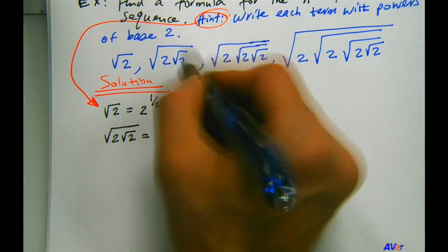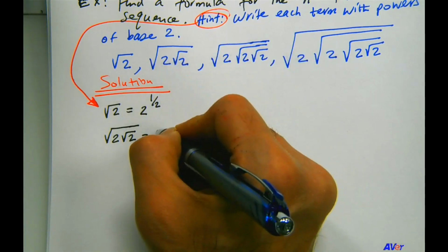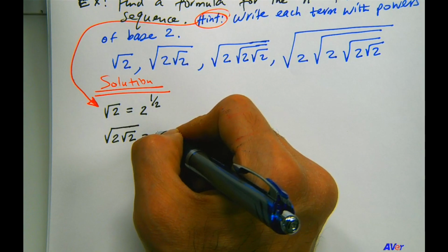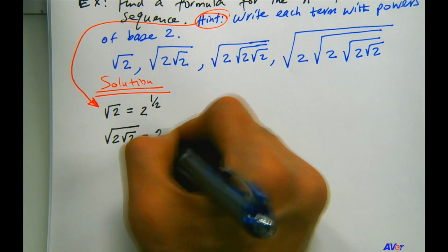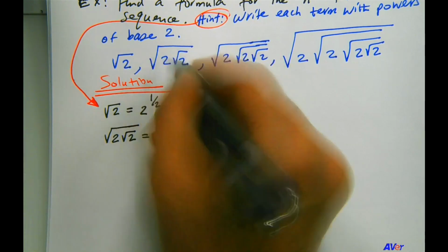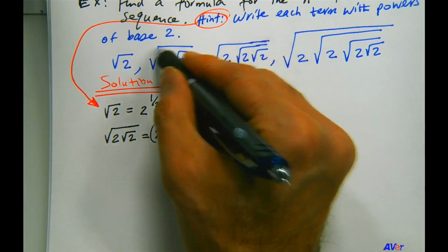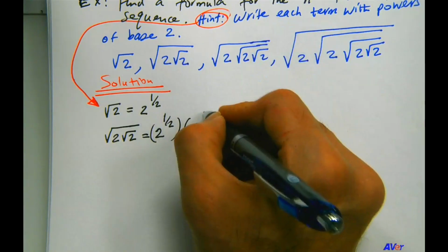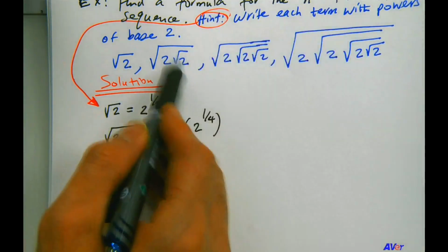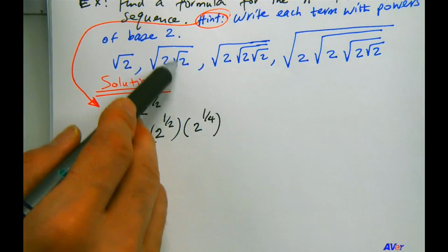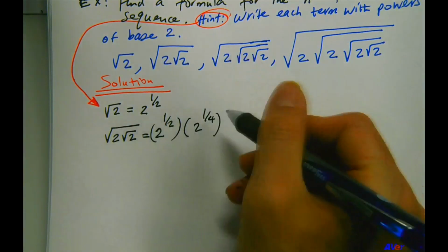So for this one, it will be 2 to the 1/2 power times 2 to the 1/2 times 1/2, so 2 to the 1/4 power. That's because this one is 2 to the 1/2 power, but it's within another radical, so it's raised to the 1/2 power again, which is 1/4.